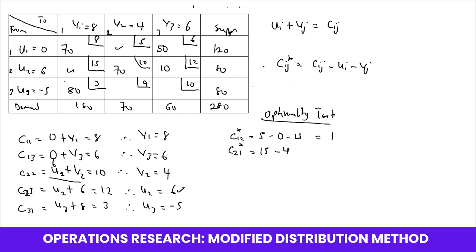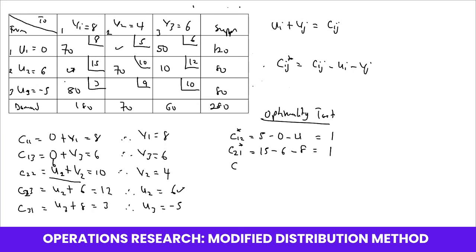So 15 minus 6 minus our V value there, which is 8. So 15 minus 6 minus 8, that's also 1.